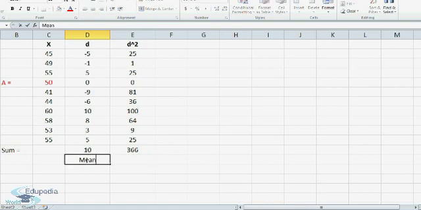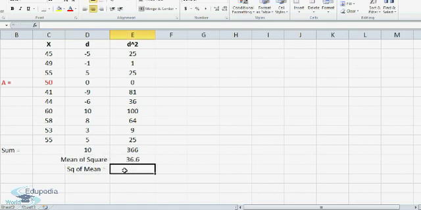First mean of square, and that will be the sum of the square of the deviations divided by the total number of data, which we see here is 10. So mean of square is this, and then square of mean will be this value divided by the total number of data, which is 10.